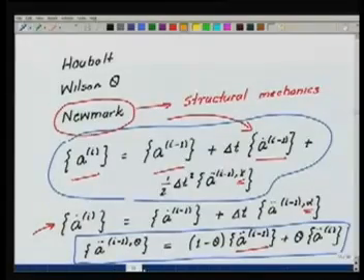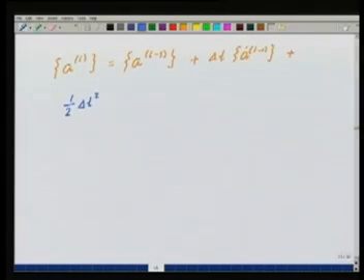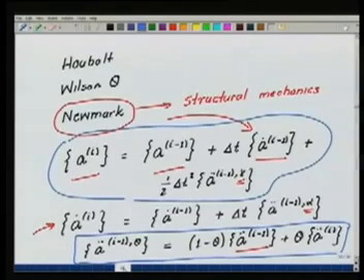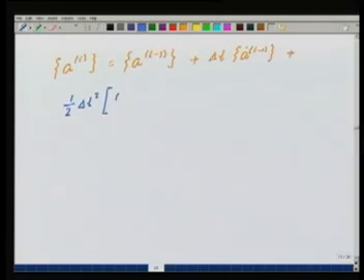So what we do is, let's start off with this: a at step I is equal to a at step I minus 1 plus delta t a dot at step I minus 1 plus half delta t squared into, we had a double dot with gamma, so I will put it like this, into 1 minus gamma a double dot at step I minus 1 plus gamma a double dot at step I.